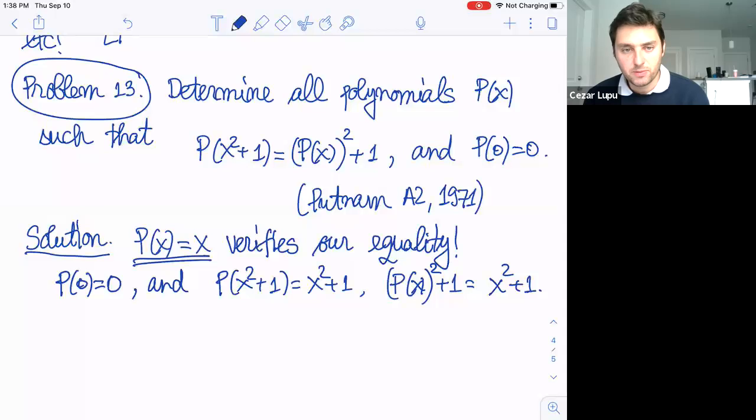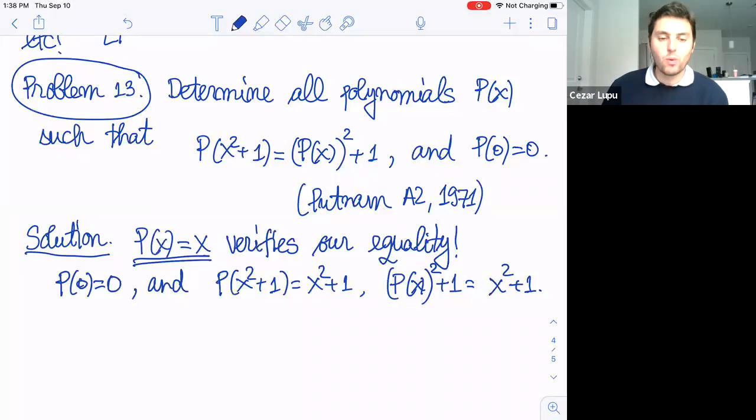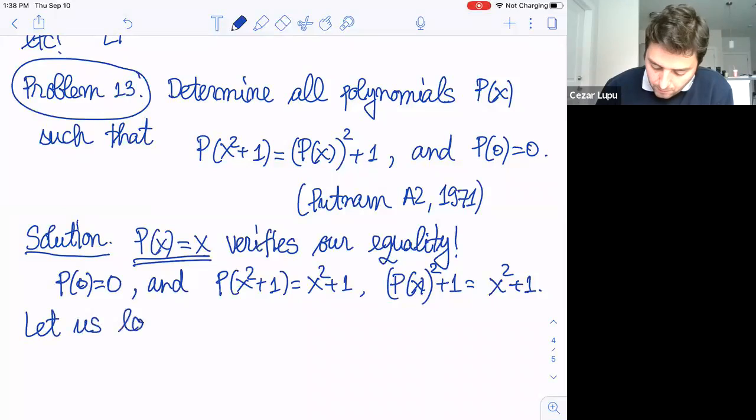Let's do some observations. So as you can see, this is a polynomial. It will have degree n, let's say. And now let's notice some things. So we know that P of 0 is 0. Now let's look at P of 1.